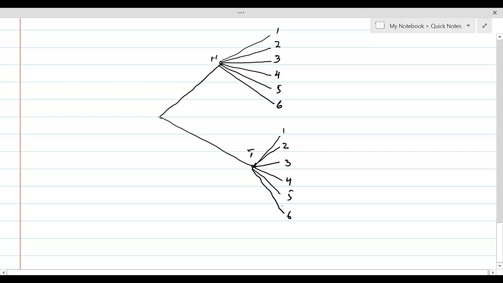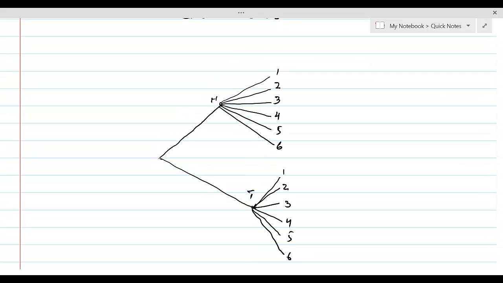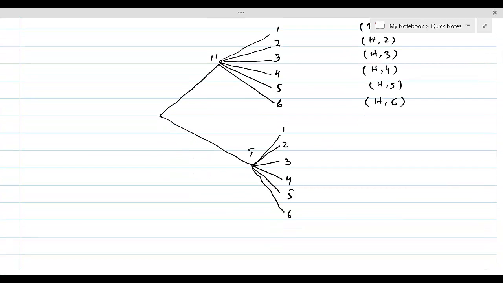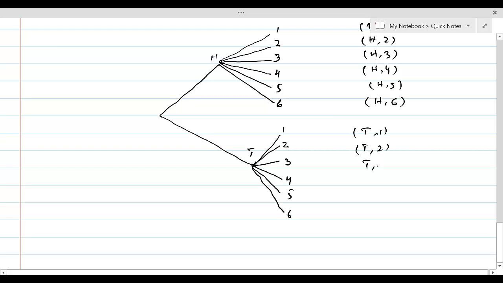This is called a tree diagram. So if we were to list the outcomes, they would be H1, H2, H3, H4, H5, H6, and if the outcome for the throw of the coin was tail, then this would be T1, T2, T3, T4, T5, and T6.